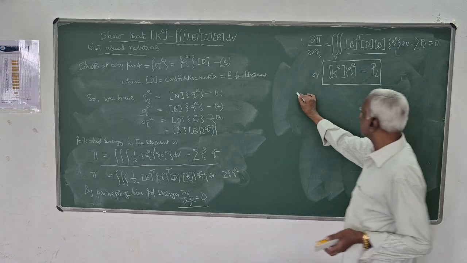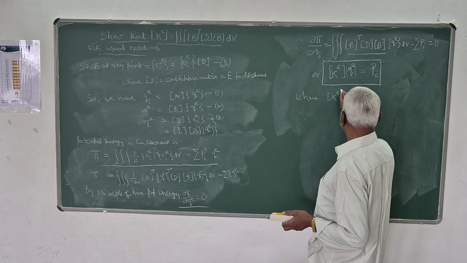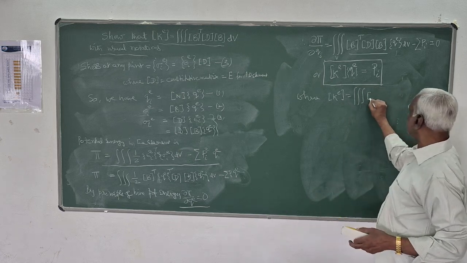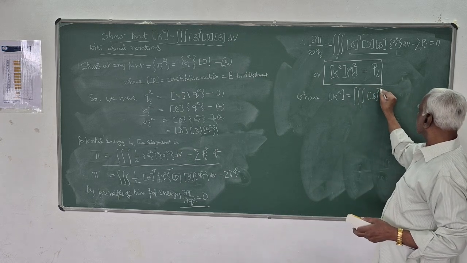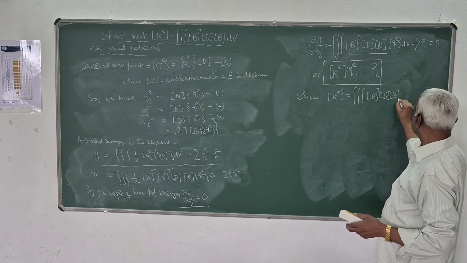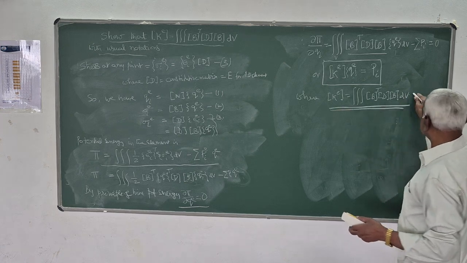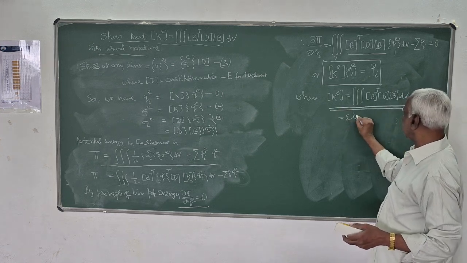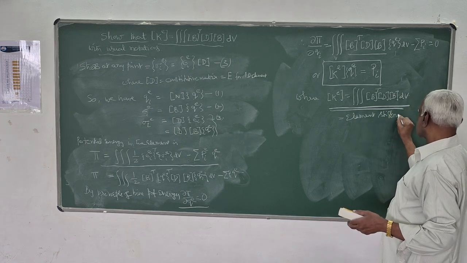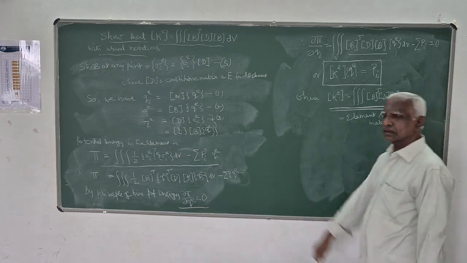So here, this KE is nothing but the integral of BT D B dV, which is the element stiffness matrix. Element stiffness matrix.